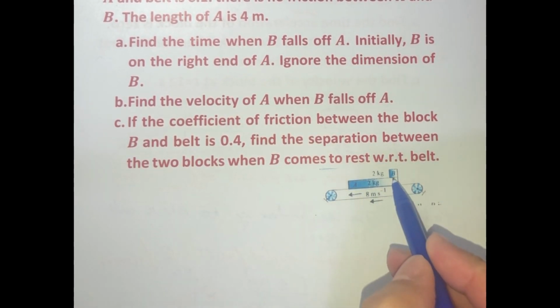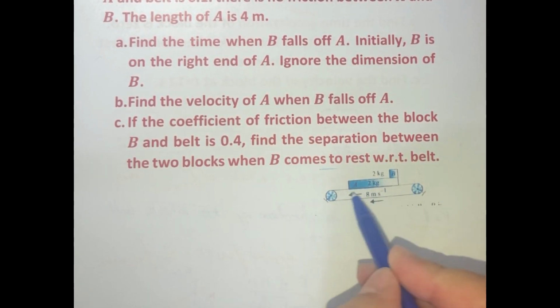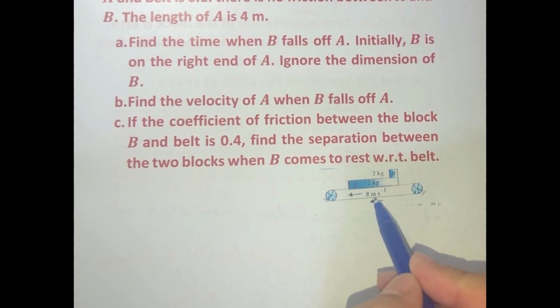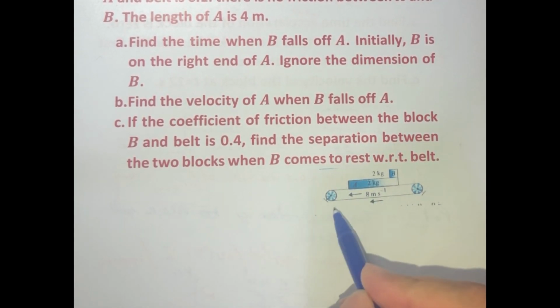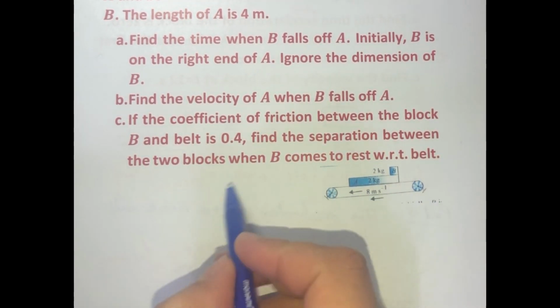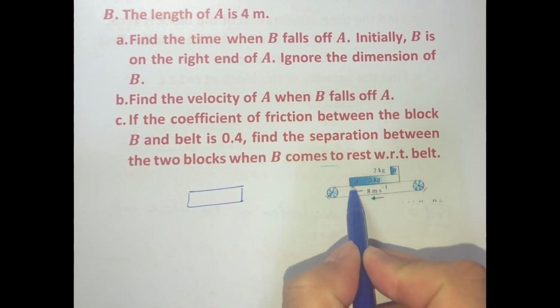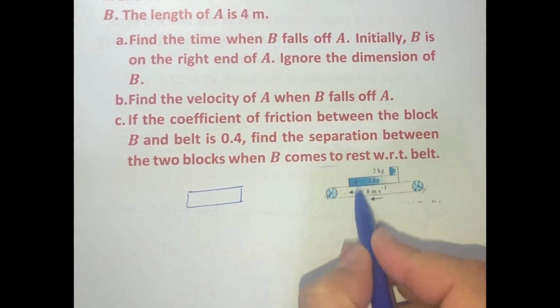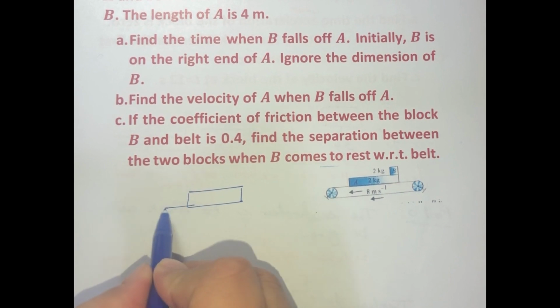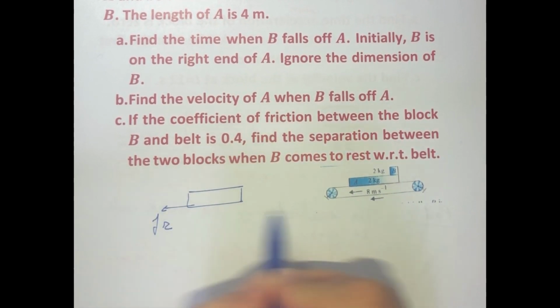So this is the figure, two blocks A and B, and this is a belt moving with 8 meter per second towards left, and so we can say that our block A, because of friction between A and the belt, will also be moving towards the left.